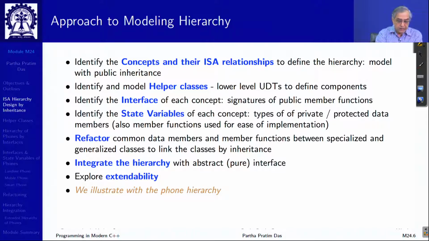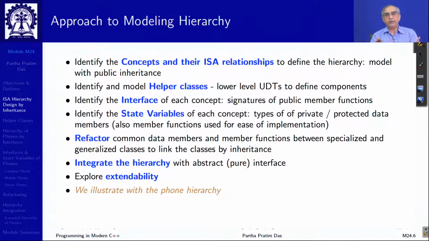Once this is done, then you are ready with your classes in the hierarchy; put it all together. This refactoring is very, very important, as we will illustrate. Put the classes in the hierarchy, and once you have done that, keep the option to explore extendability. Normally, the hierarchy that you create in terms of ISA relationships is not a closed one.